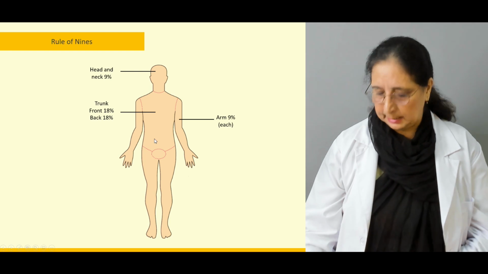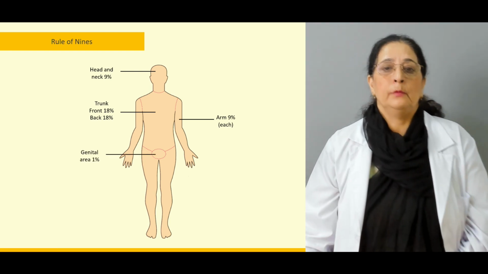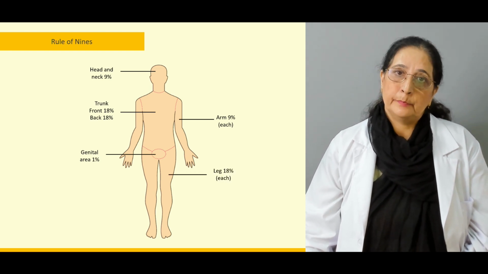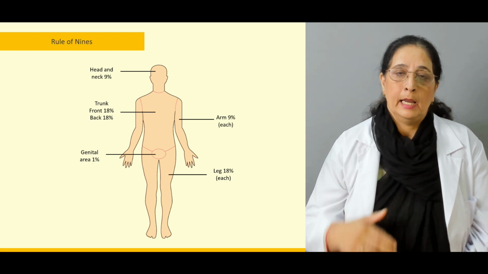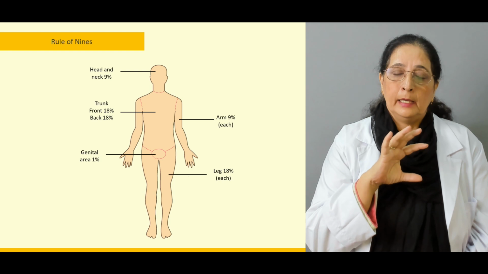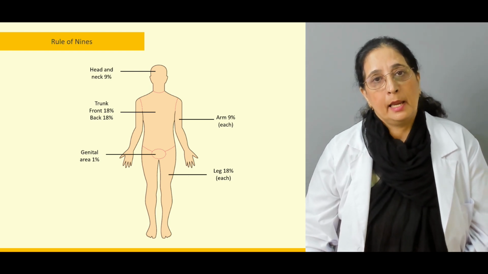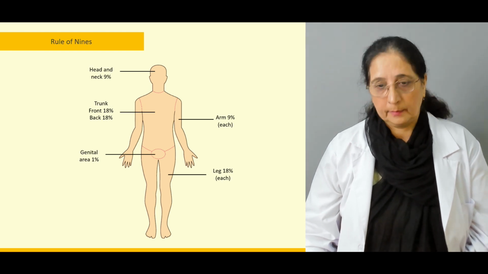Then the genital area is only 1%. Each leg is again 18%. So that's the rule of 9s, and we measure the body surface area affected by the burn this way.